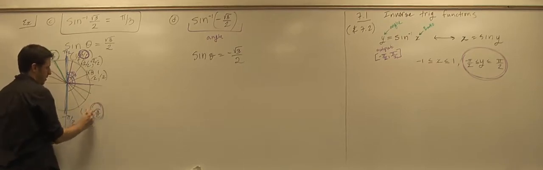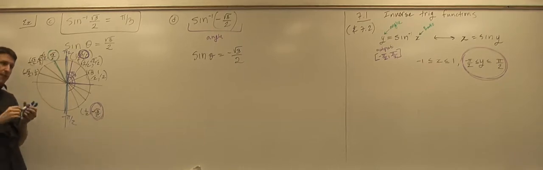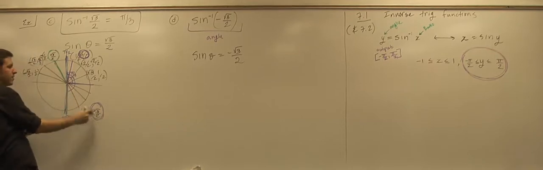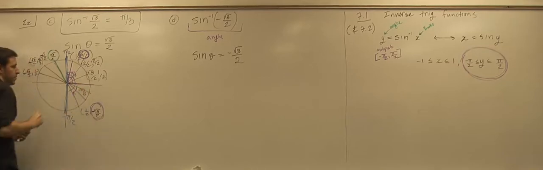So what's my answer here? Negative pi over 3. If I go this way, down to a y value of negative root 3 over 2, I've traveled negative pi over 3. So that is the answer.